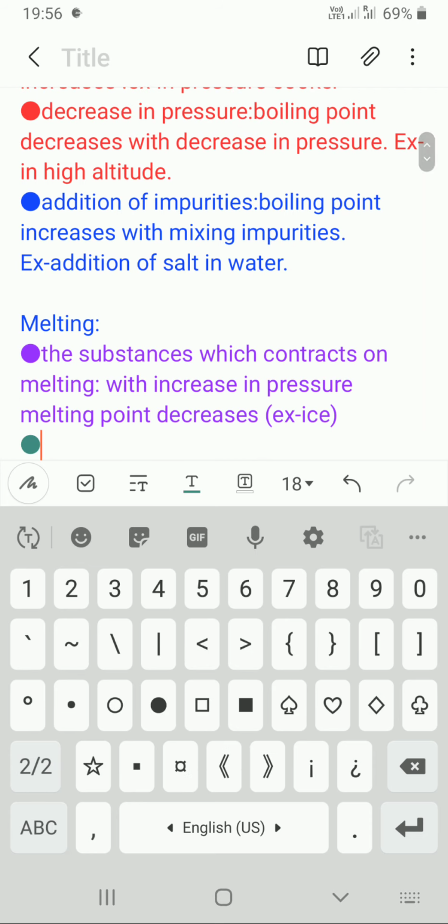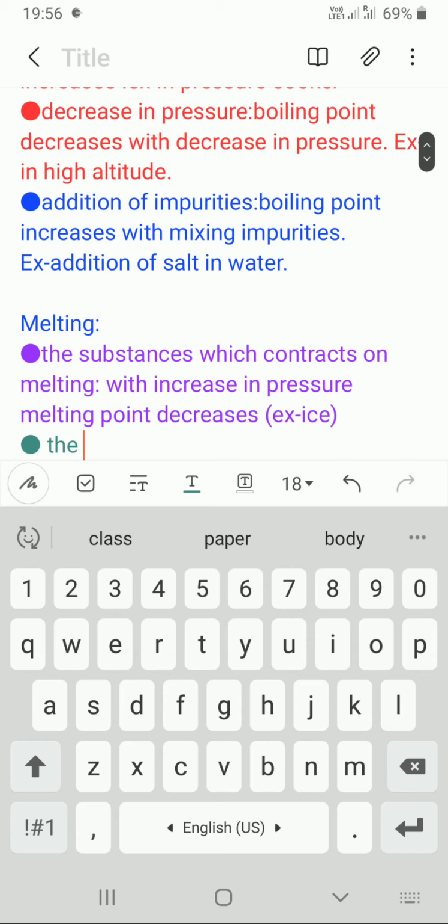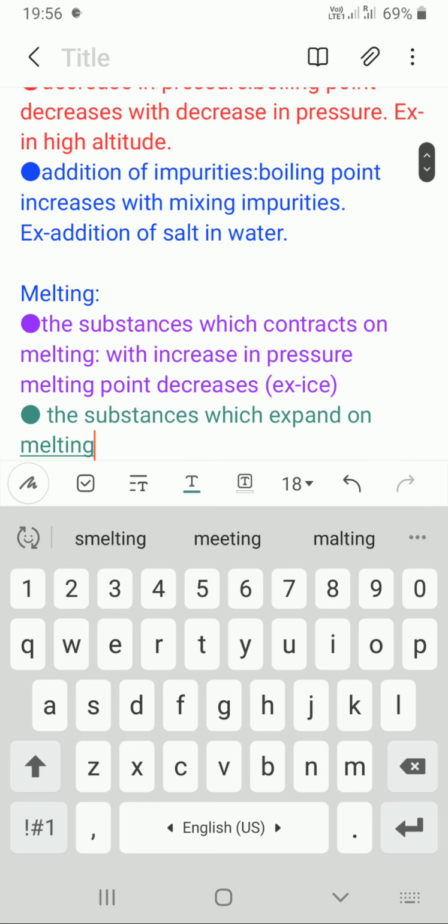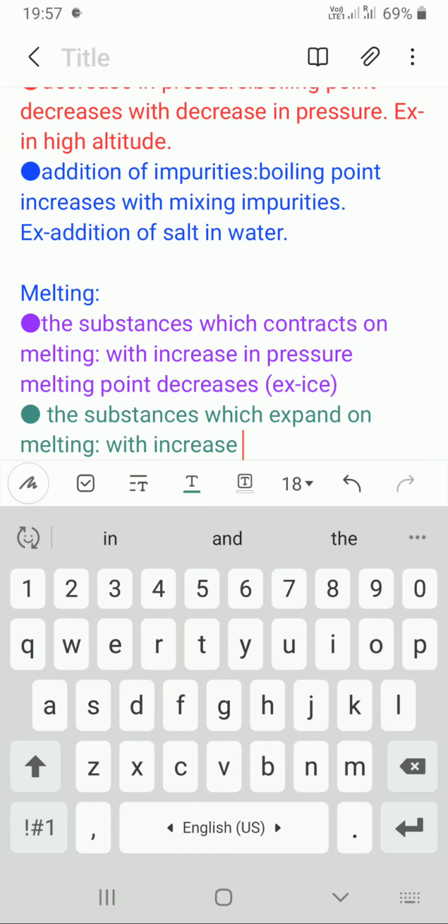Next point is the substances which expand on melting, for example wax, butter. In these cases, if I increase pressure, the melting point will increase. In both cases, we increase the pressure to check the change in melting point.